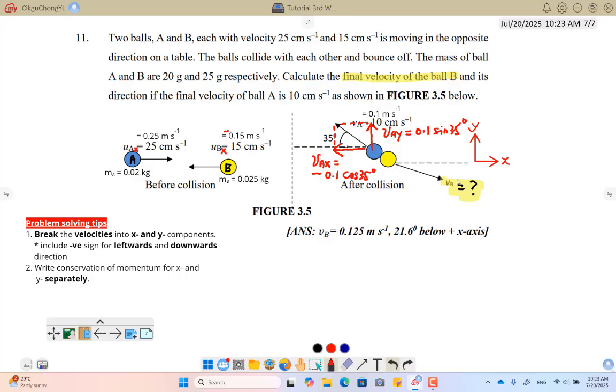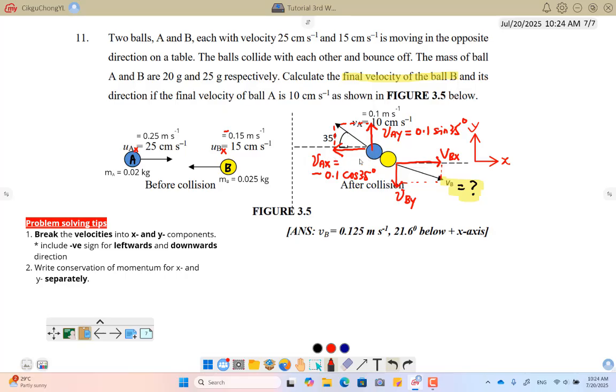And the final velocity of ball B after collision can also be broken down into component X and also component Y. So we are going to determine the X component and Y component of the final velocity of ball B in order to calculate the magnitude of VB.